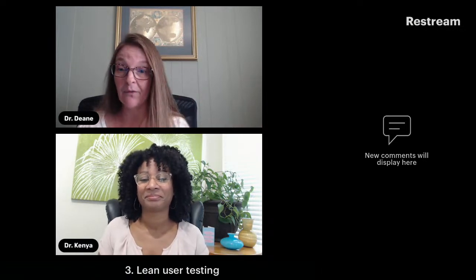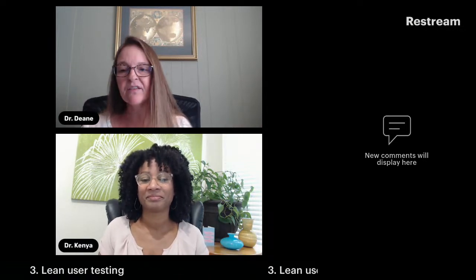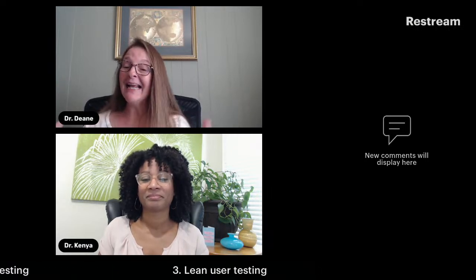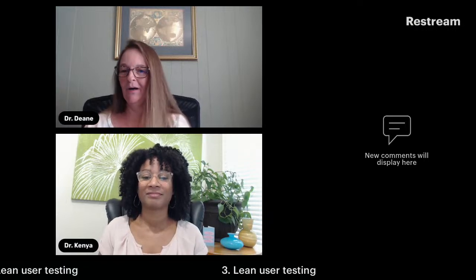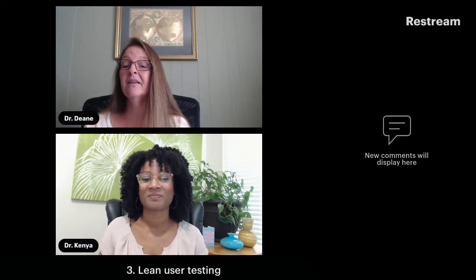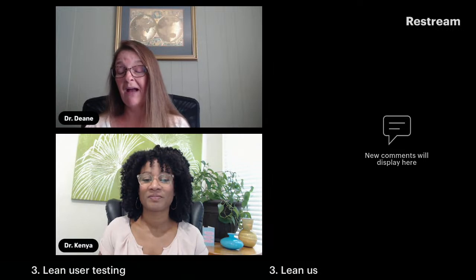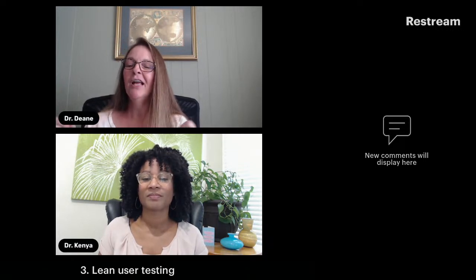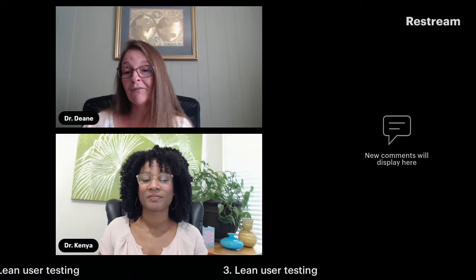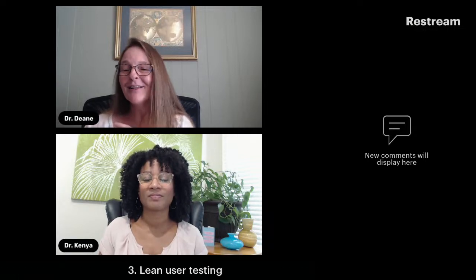Is it already out there? Is it just a concept? But if you can sprinkle in multiple methods, it becomes really powerful because you can triangulate and synthesize that data. You may learn something different from each method you perform.